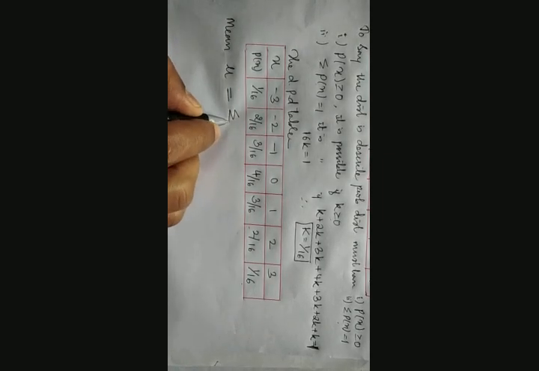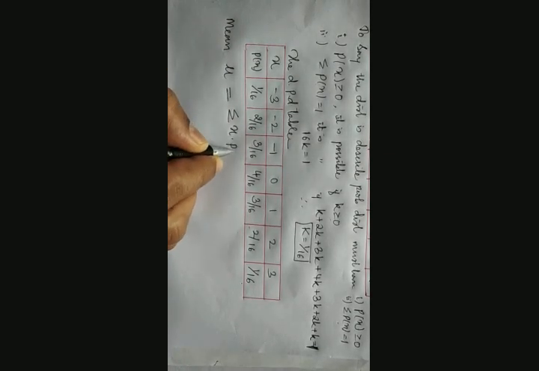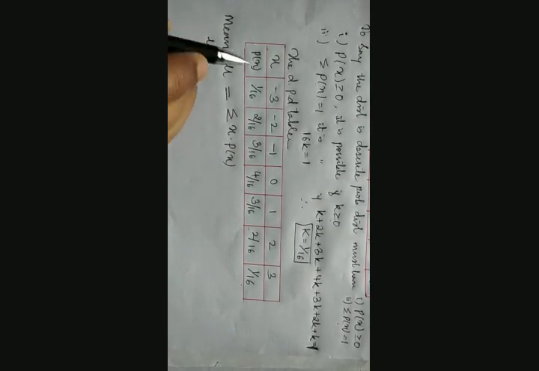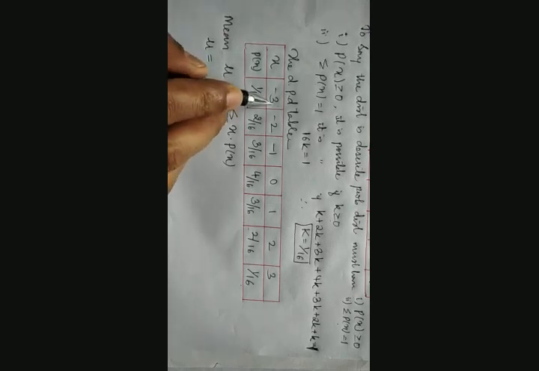What is the formula to calculate mean? Summation of x into p of x. Therefore, mu is equal to summation of x into p of x. This is x, this is p of x. Therefore, this into this, we take all the summation values.